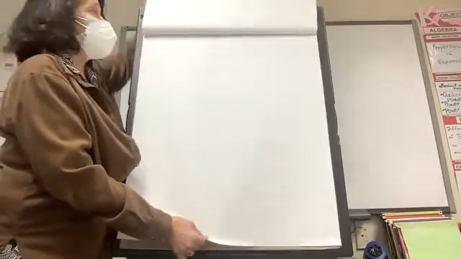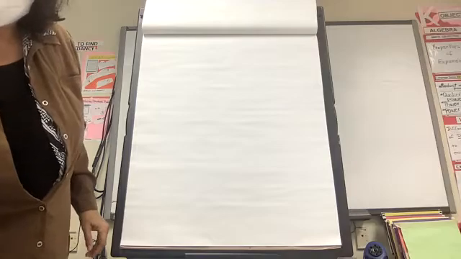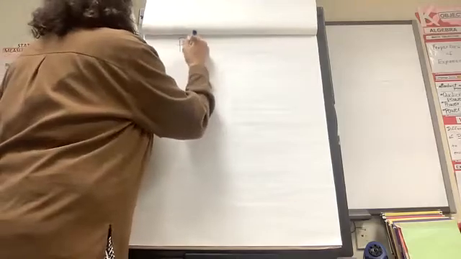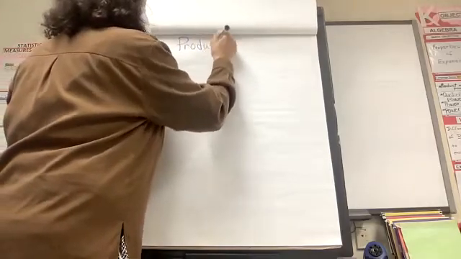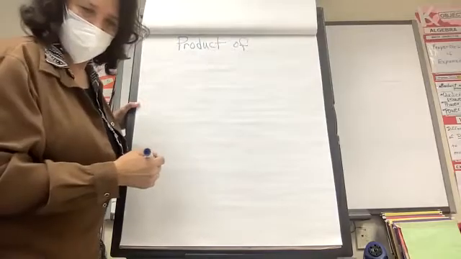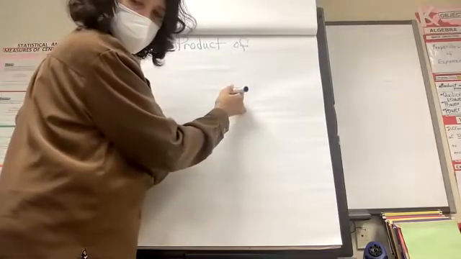I'm making it right along. I'm on the last sheet. So I guess that's the last one I'll do today. And this one is called a product of a power. Product, P-R-O-D-U-C-T, product of a power.